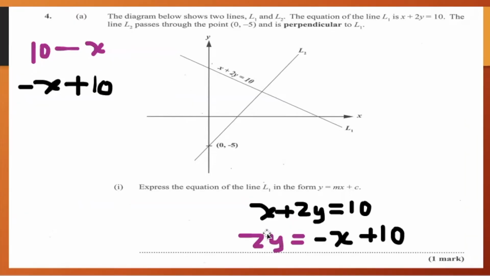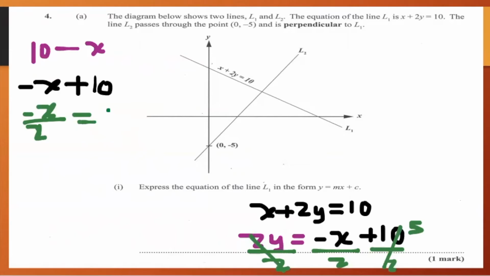2y, the y needs to not have this coefficient. So I divide both sides by 2. This cancels, 2 into 10 goes 5 times. Now, if I have minus x over 2, it's the same thing as the minus x is like a negative 1x.